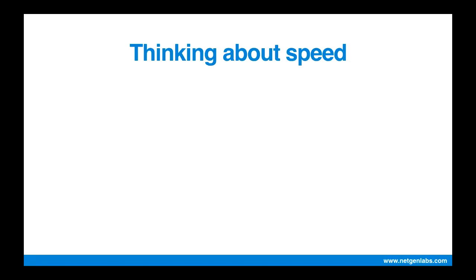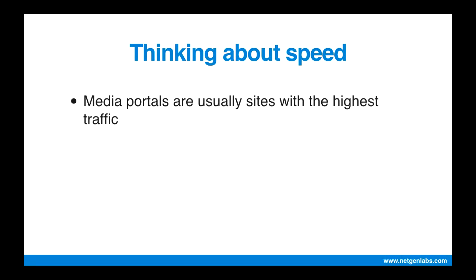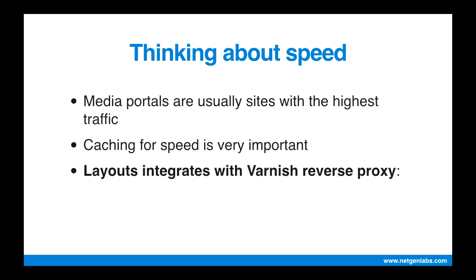So thinking about speed, which is quite important as well for media portals, caching on all levels is crucial. So with layouts, we integrated with Varnish reverse proxy very tightly. So we have the ability to fine-grain cache invalidation, so it can pinpoint on which parts of the site you want to invalidate caches.